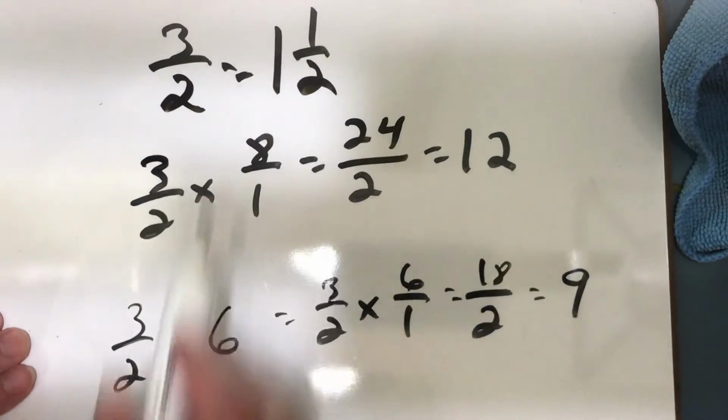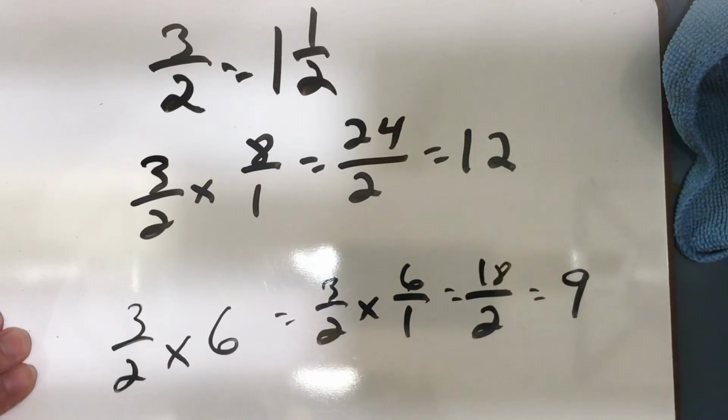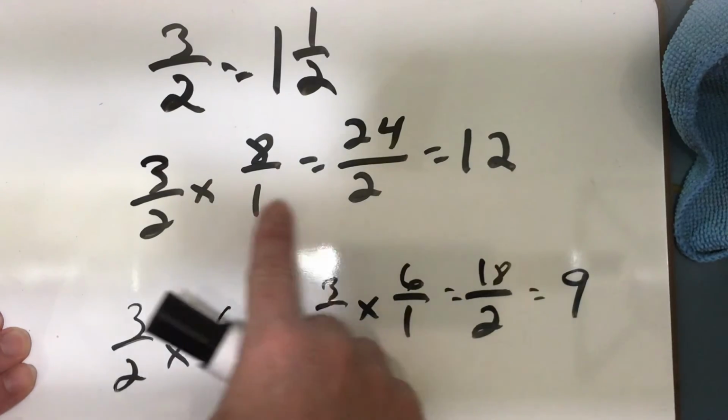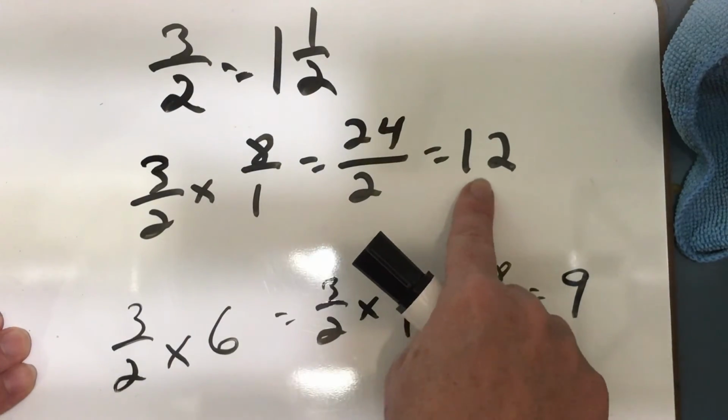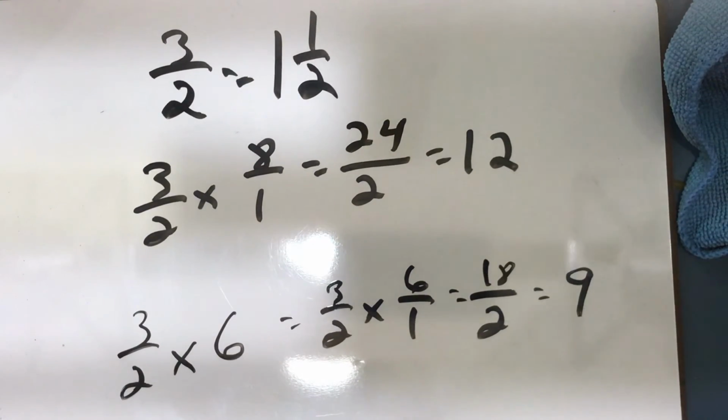And anything times 1 is the same number. We're multiplying by something bigger than 1. So we're going to get a number greater than what we started with. So I started with 8 and I got 12. I started with 6 and I got 9. So yes, when you multiply 3/2 by a whole number, you get a number greater than the whole number.